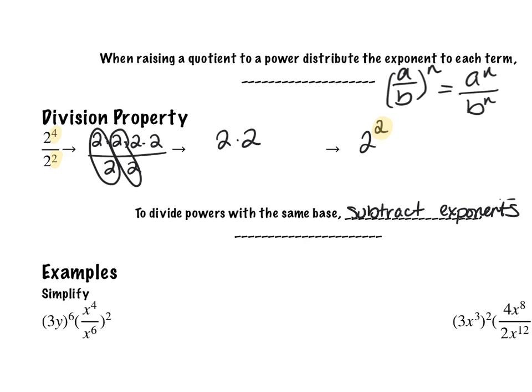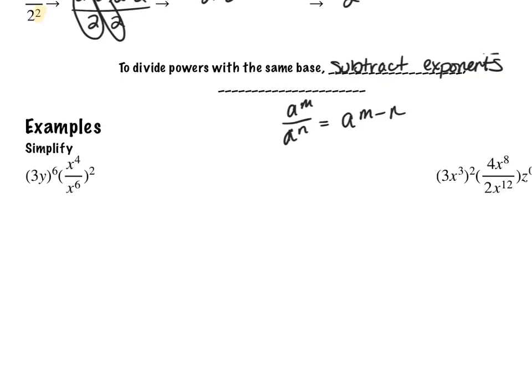If I have a to the m power over a to the n power, I just have a to the m minus n.